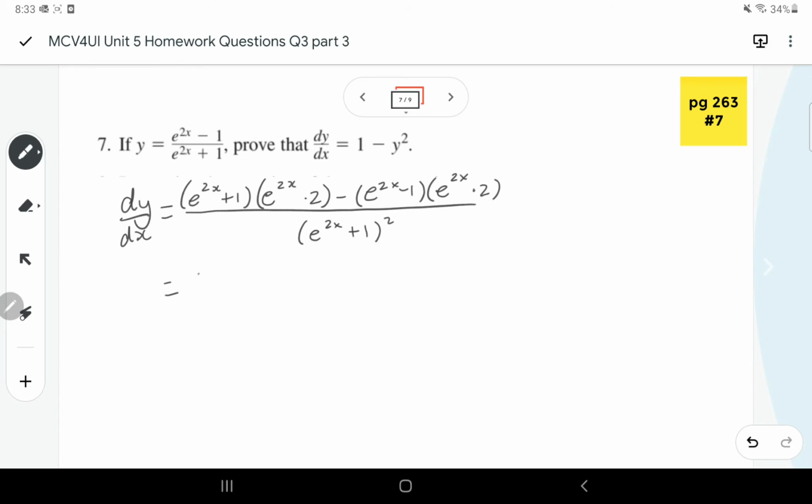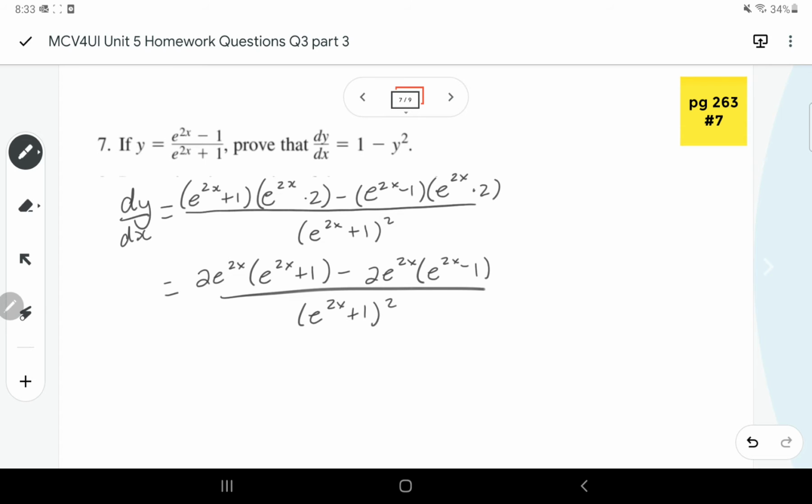So here I've got 2e to the 2x times e to the 2x plus 1 minus 2e to the 2x times e to the 2x minus 1 all over e to the 2x plus 1 squared.